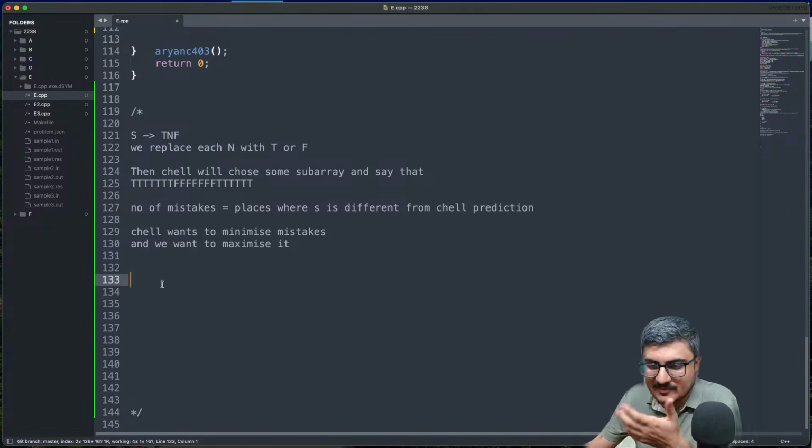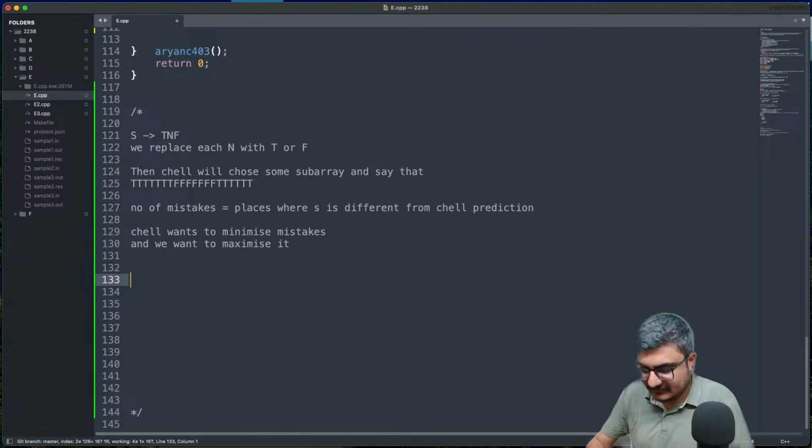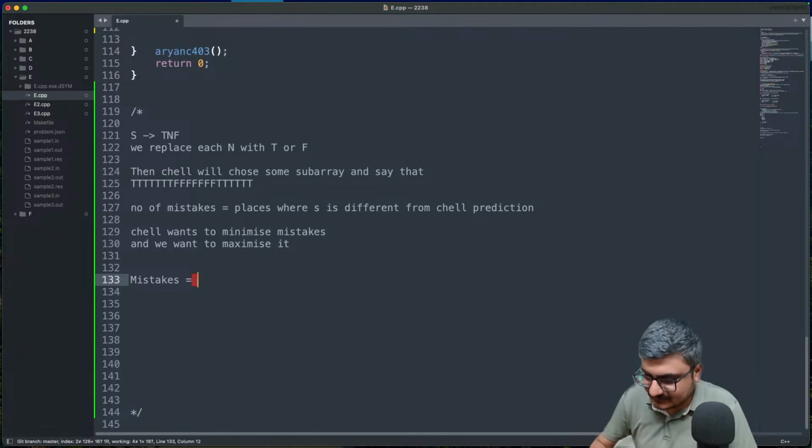And the way we can solve this problem is as follows. Like, let's say we replace the original number of F, then the mistakes would be first total F minus F in selected parts.